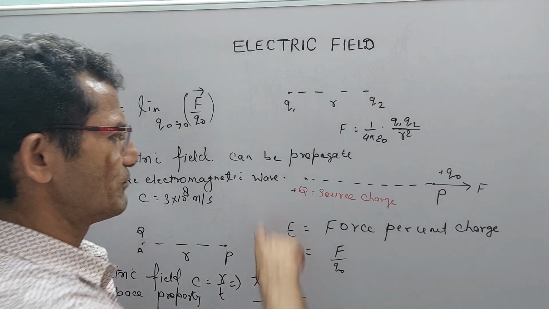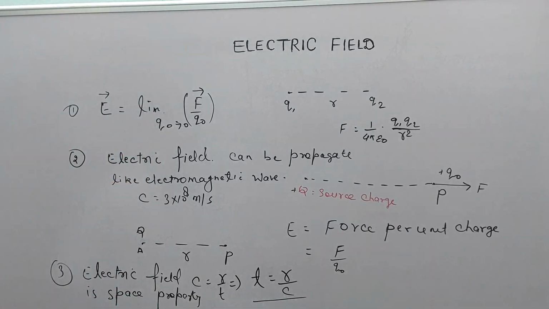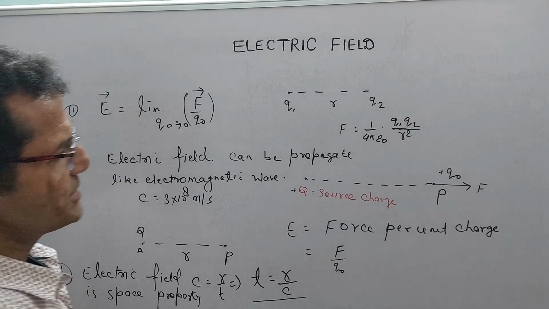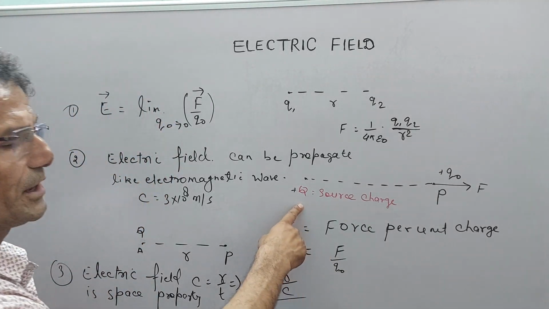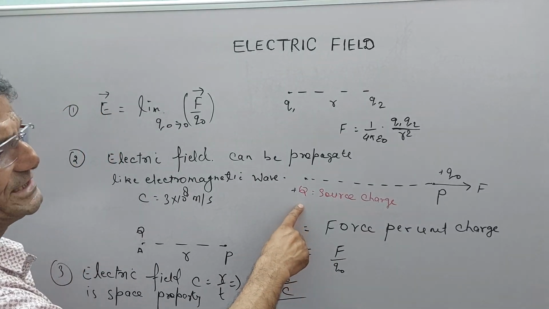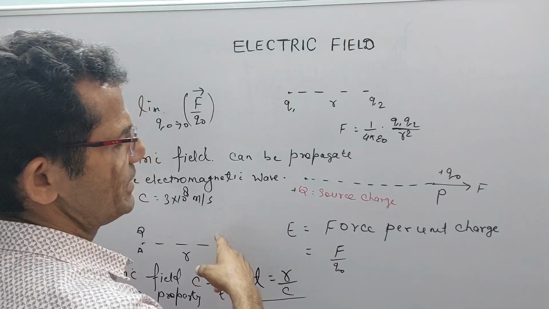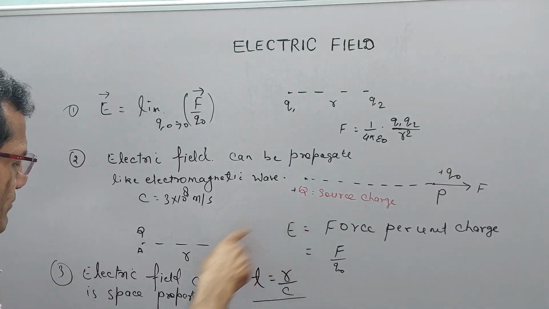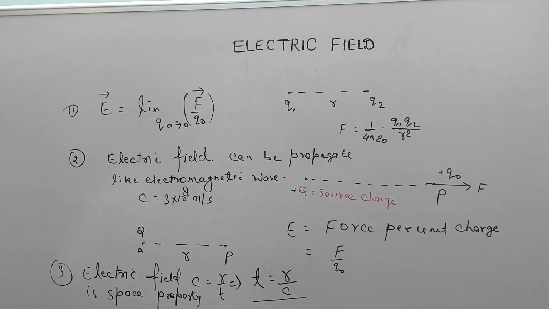So the surrounding will be very important. This is a space property because when you place a charge Q at some place, it totally changes the surrounding of that source charge. That's why we call this a space property of the source charge.